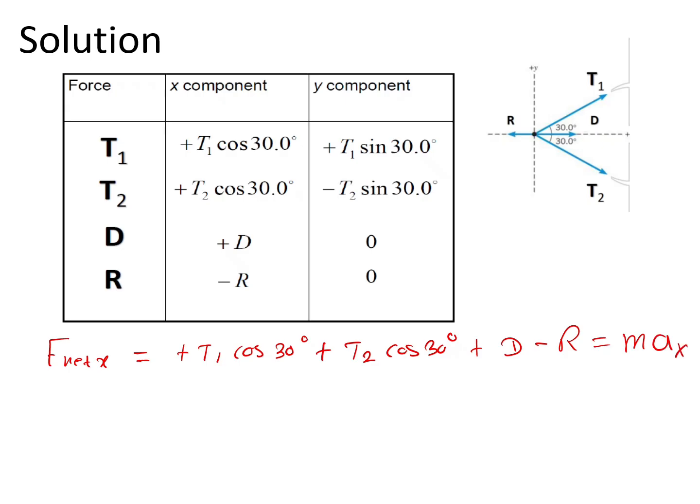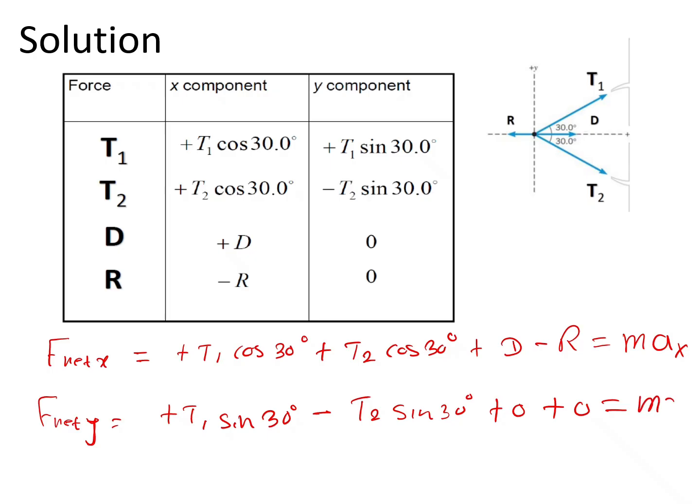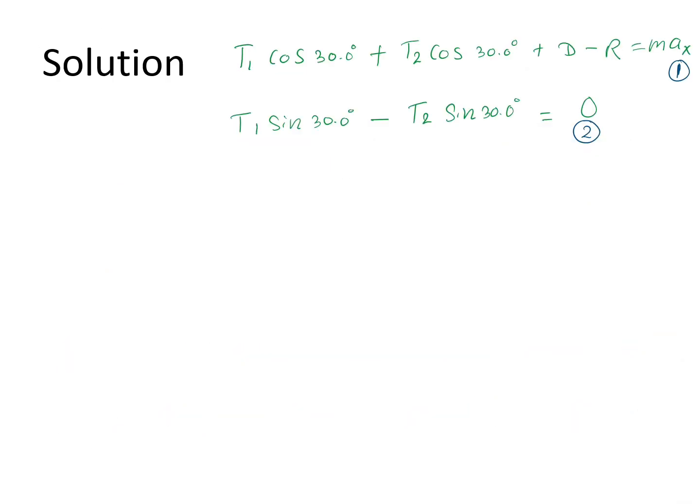And we can also write F net y, which equals positive T1 sine 30 degrees minus T2 sine 30 degrees plus 0, and that equals mass times acceleration in the y direction, and this acceleration in the y direction is also equal to 0. Now we have two equations and two unknowns to solve for. We need to find T1 and T2.